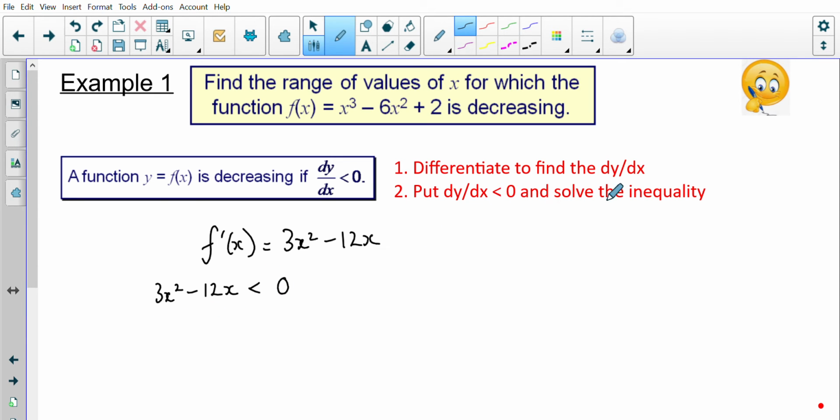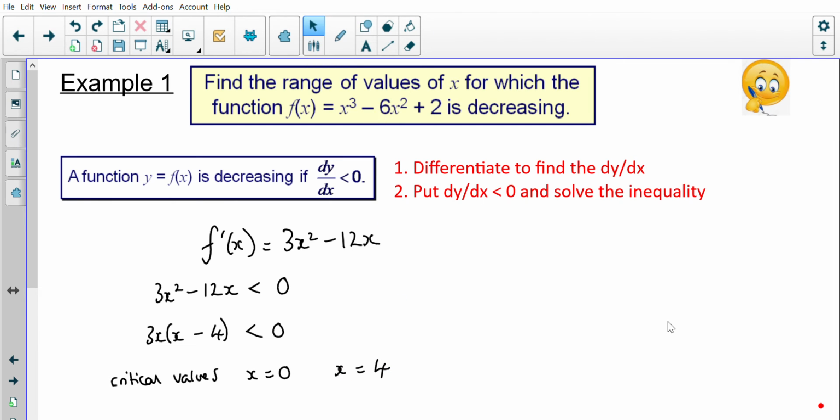Now I've ended up with a quadratic inequality to solve. Factorising gives me the critical values of x equals 0 and x equals 4. Don't forget, when we've got a quadratic inequality to solve, we need to draw a sketch.